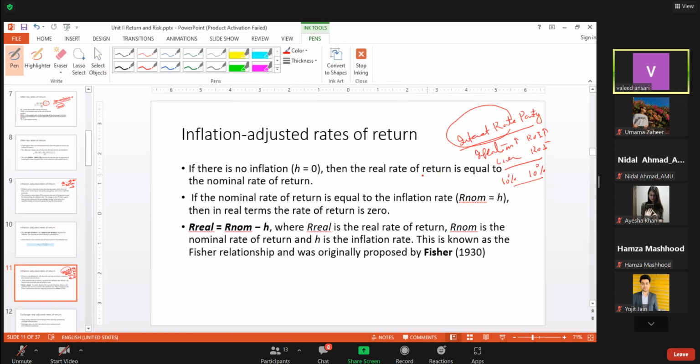But he pointed out in his theory that the nominal rate, that is the rate which is quoted in the news, the financial press and everywhere, is the nominal rate. It is not the rate which is adjusted for inflation. Like a bank quotes that if you keep money in the bank, you will get 8%.